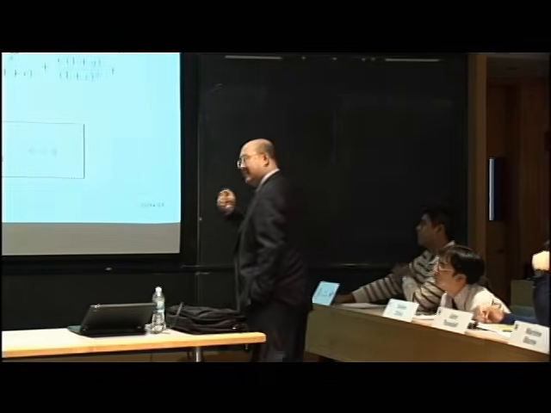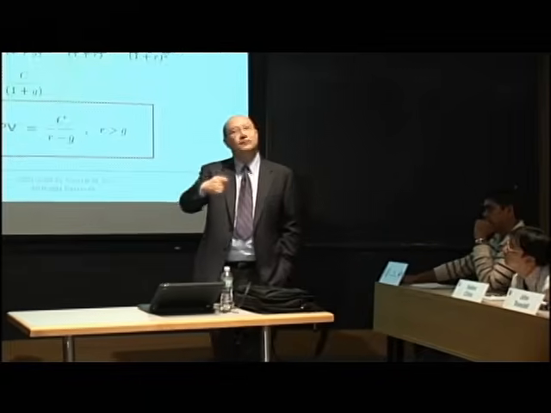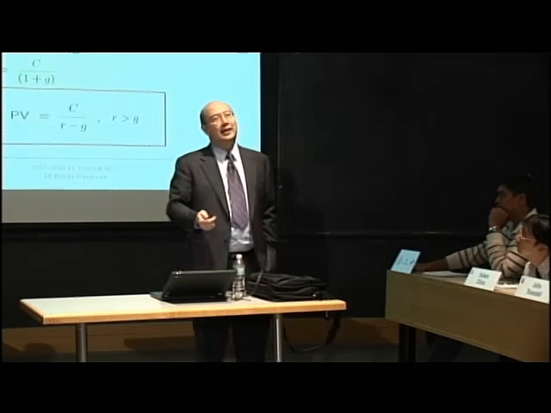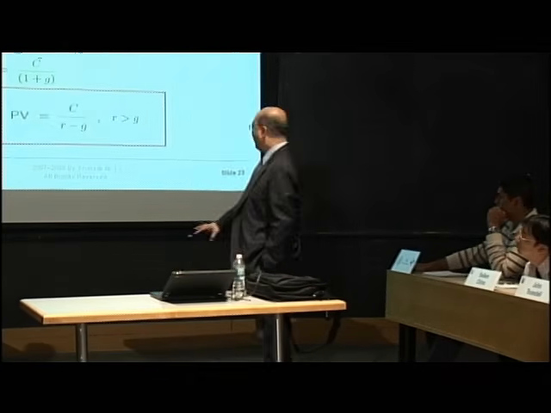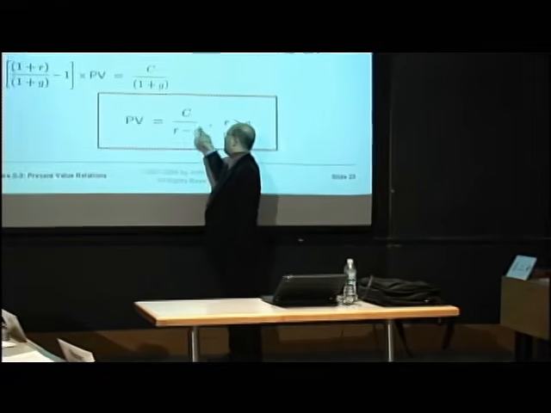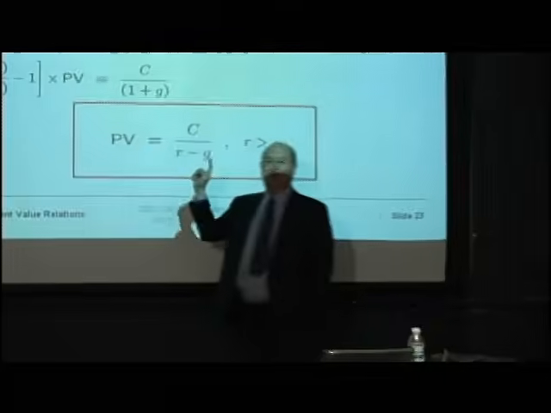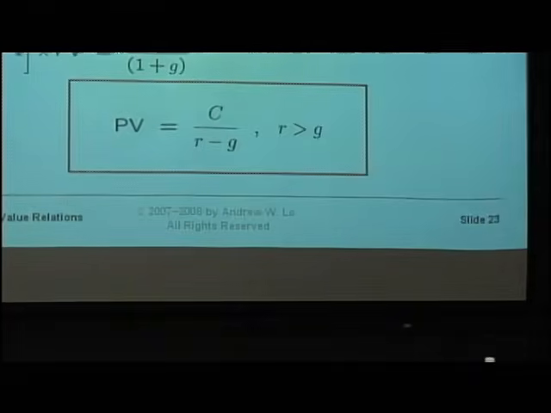Now, what is this piece of paper worth? And if you do the same kind of high school math team trick and solve for the present value, you get an answer. PV is equal to C divided by R minus G. So you subtract this growth rate.